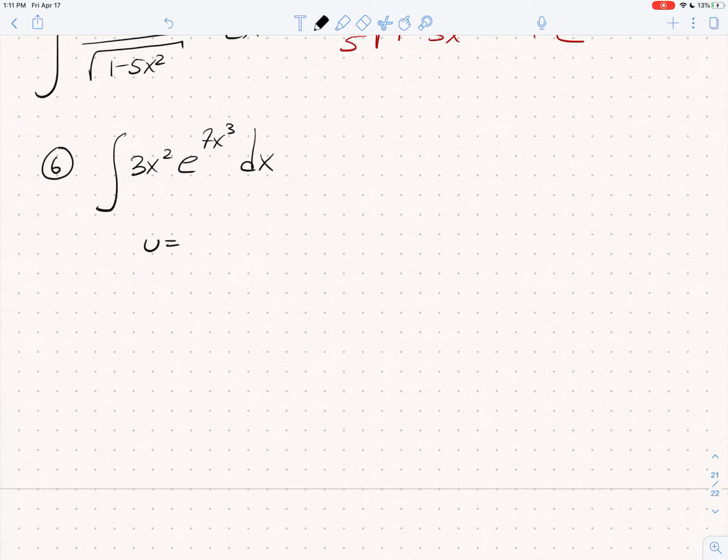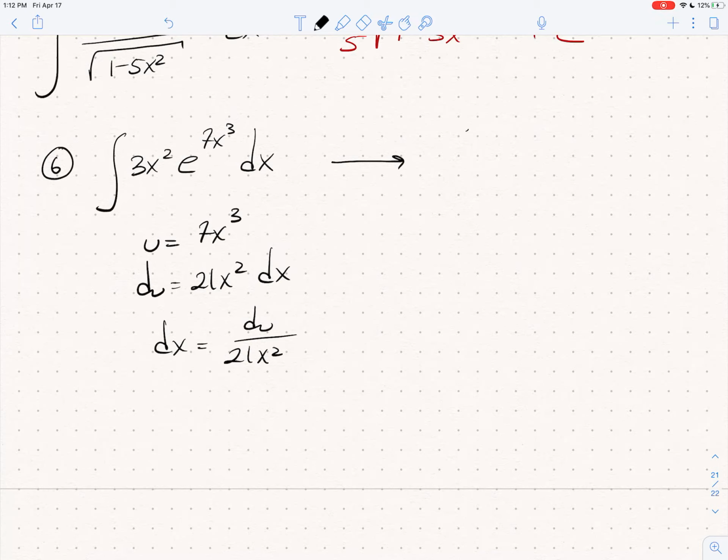All right, so for this one, hopefully it's clear to you what u is. This one, u is not too bad. You can just see that's where the function composition is right up here. So I'm going to try u is 7x cubed. So then du is going to be 21x squared dx. So dx is du over 21x squared.